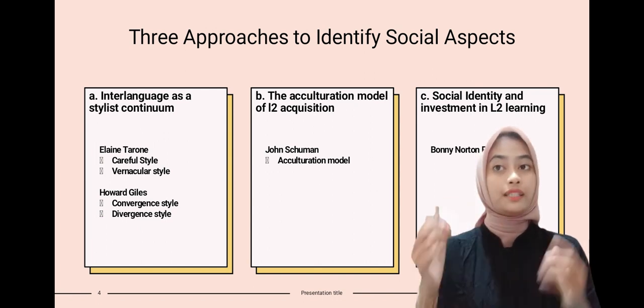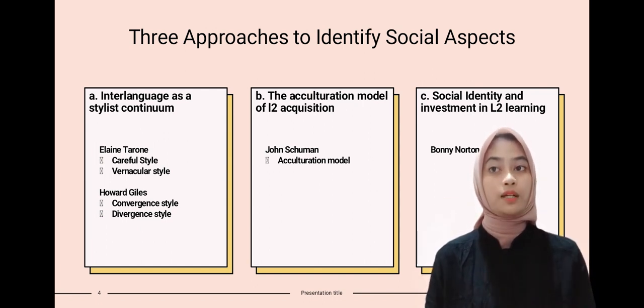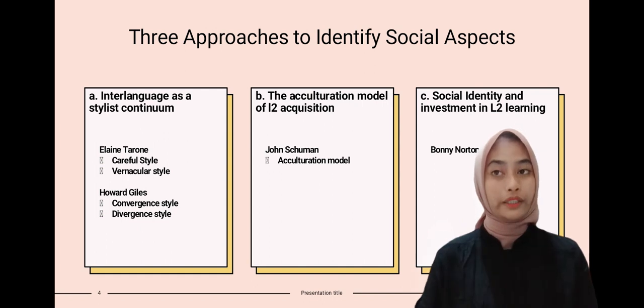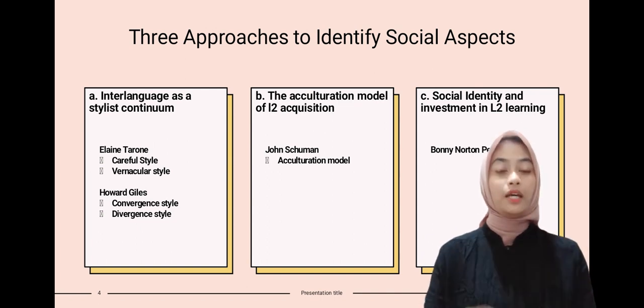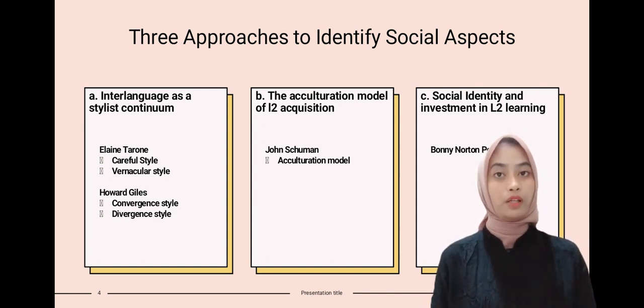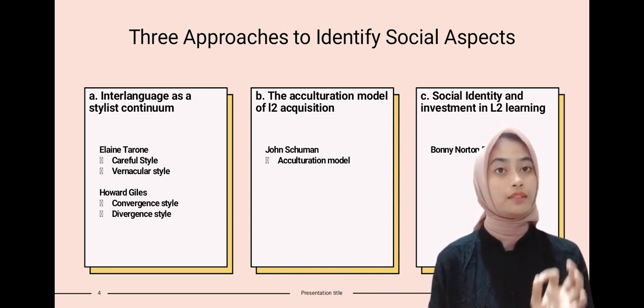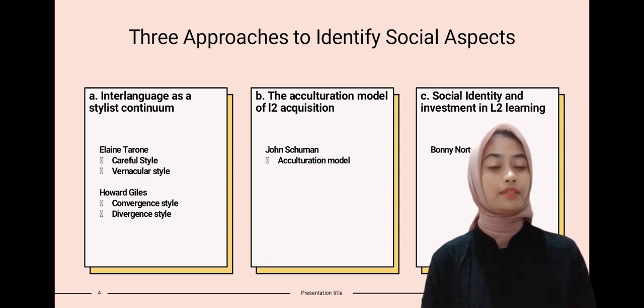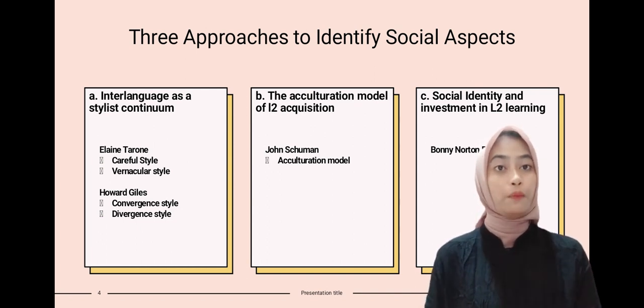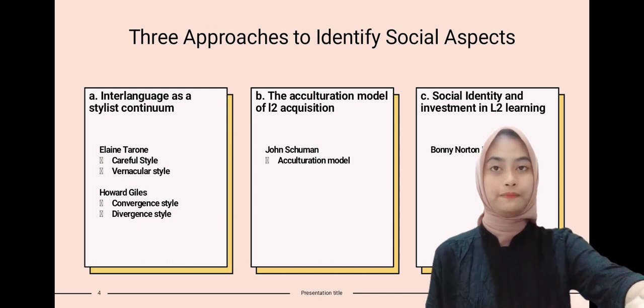The first is interlanguage as stylistic continuum by Tarone: careful style, vernacular style, and according to Howard Giles, convergent style and divergent styles. B is the acculturation model of second language acquisition according to John Schumann. And C is social identity and investment in second language learning, by Bonny Norton Peirce.